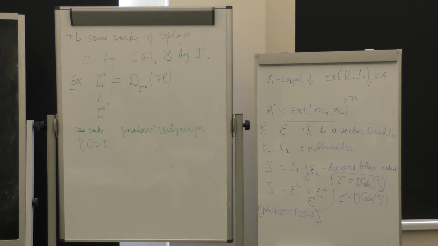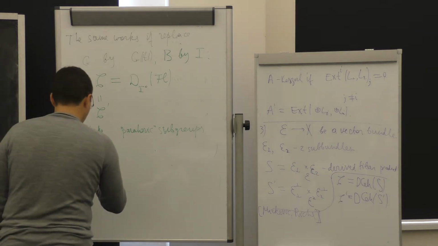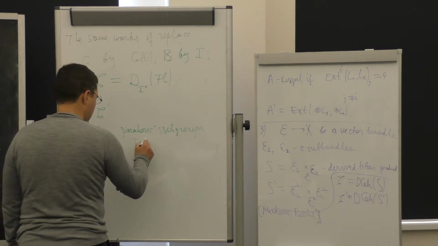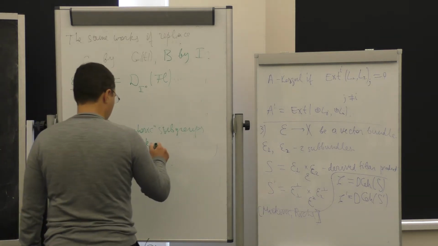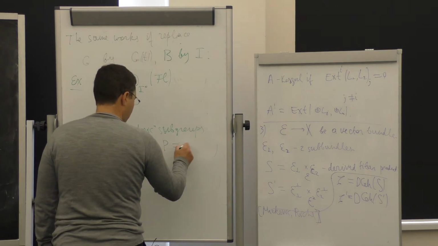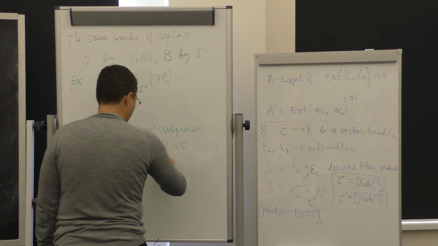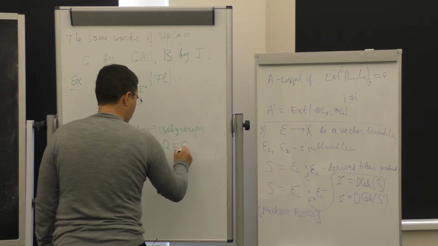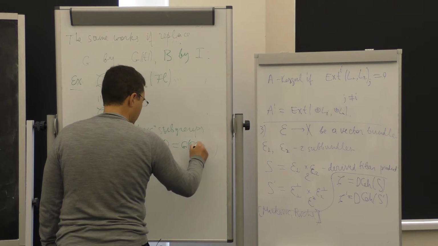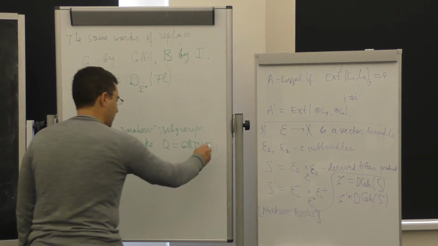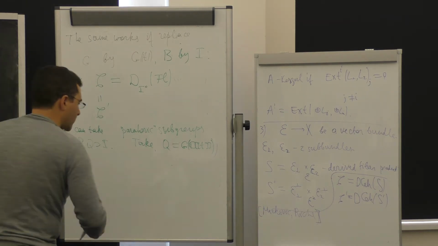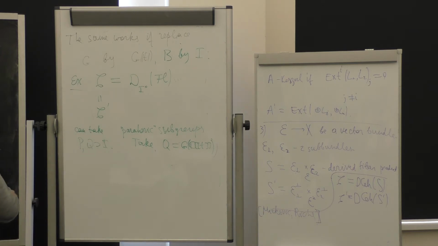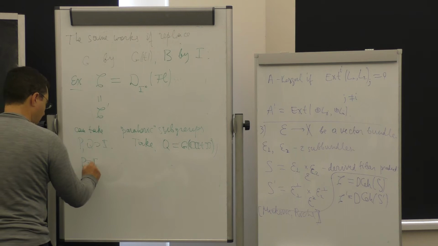But let me focus on one example. I want to take Q to be G of C of T, and P to be I again.